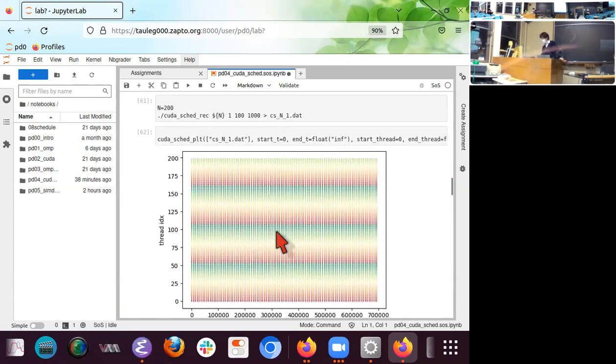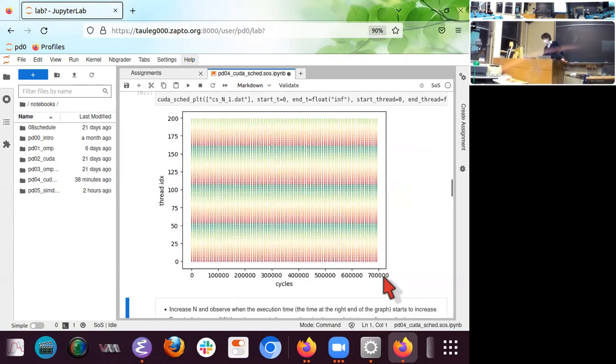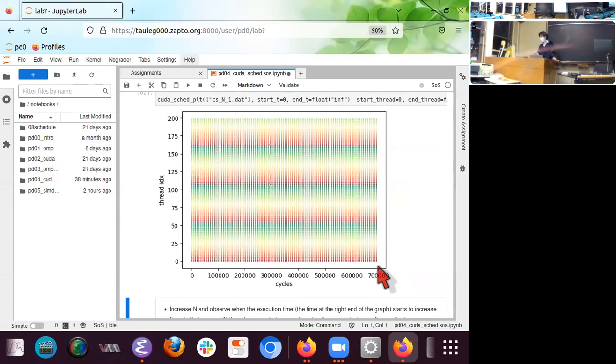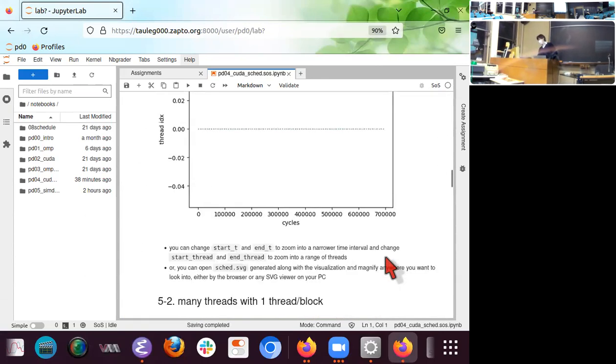But one thing worth emphasizing is that the time it took is almost exactly the same as before. It might sound obvious when you are thinking about GPUs, but it is still worth noting that this experiment has performed 200 times more work than the previous example, but the execution time was almost exactly the same.